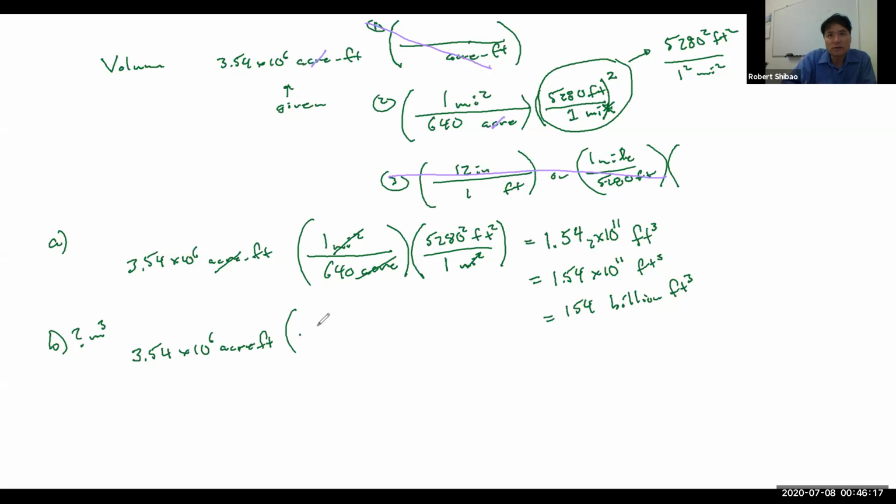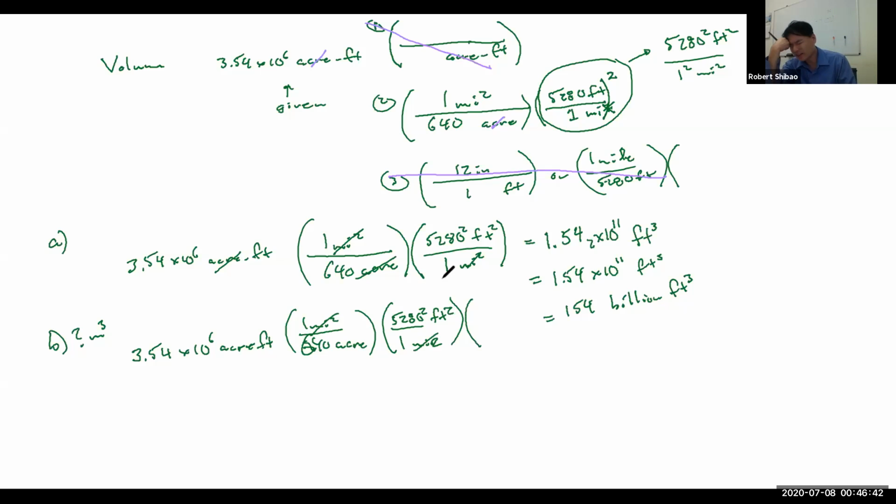And then get rid of acres. And then get rid of miles squared. Okay, now we're at feet. And so how can we get to meters? What's the relationship between feet and meters?